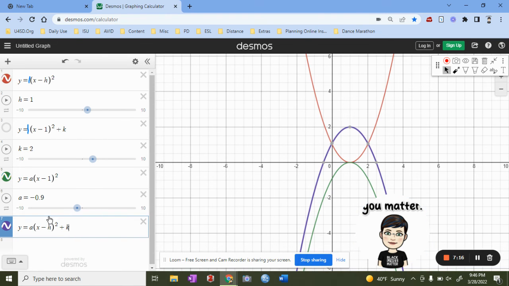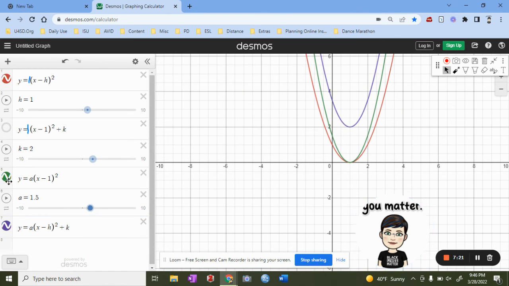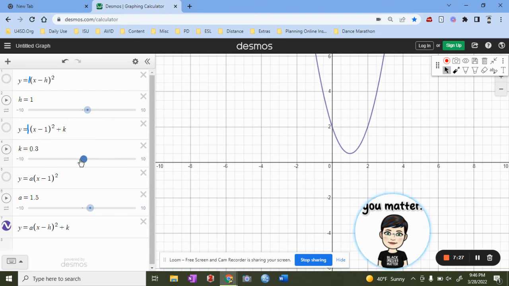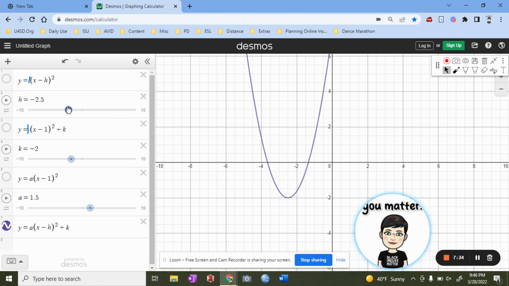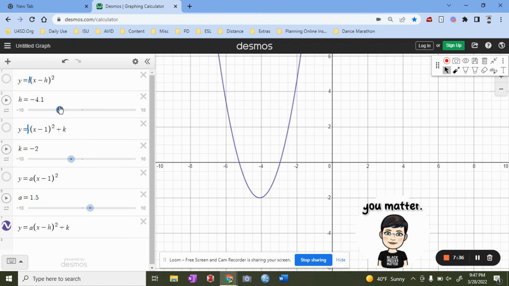All right. What if I change all these numbers? So I'm going to turn this one off and this one off. Let's say a is 1.5, k is negative 2, and h is negative 4.